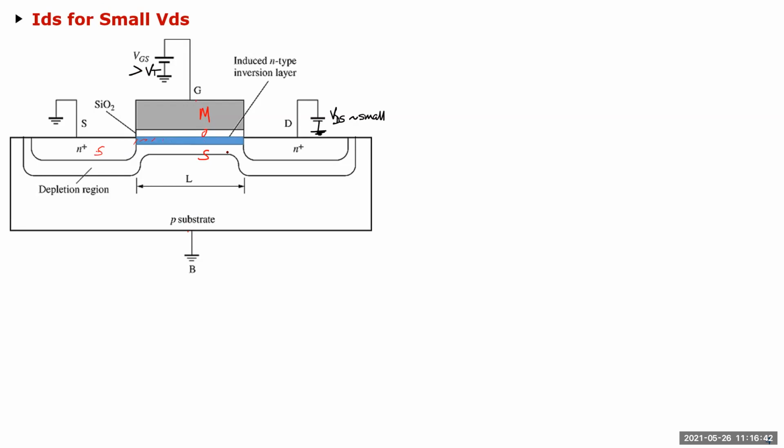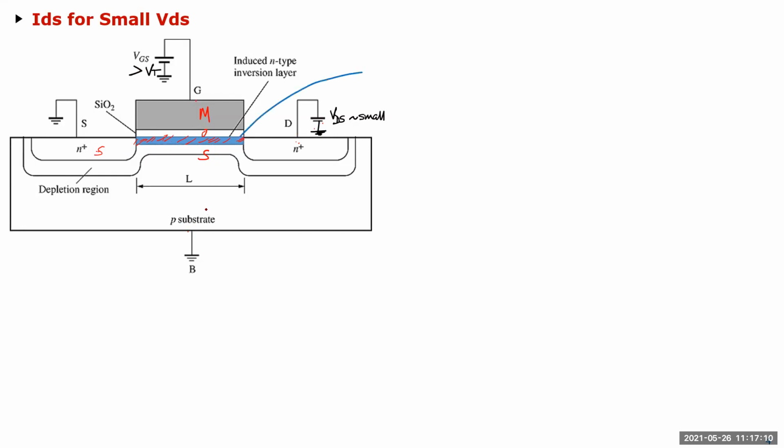Let's assume right now that the drain and the source voltages are pretty much the same, and you apply a tiny amount of voltage to the drain side. If that's tiny, then we'll assume that this charge density remains the same throughout the channel, so it's not varying throughout the channel.